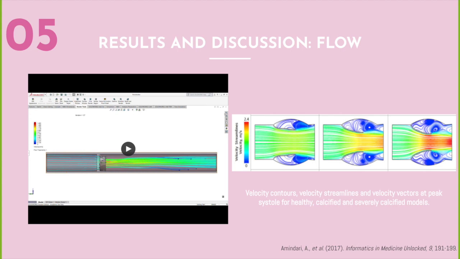That corresponds to the green color of the second image that is to the right. And then we also see that when there is a severely calcified model, that is the last figure, the velocity actually is high. So our model behaves correctly in these ways.